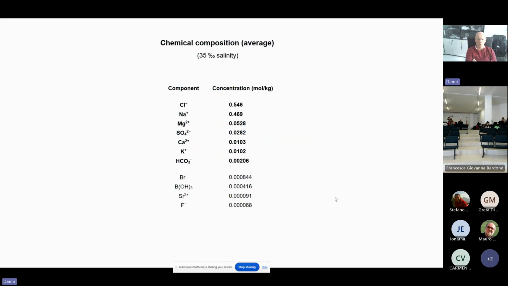It's interesting to know that the concentrations of chloride and sodium are the highest. After that, the next most abundant are magnesium and sulfate, and finally calcium. The concentration of calcium and potassium is actually 5 times lower than the concentration of magnesium. And this is a very important fact you will learn about later on.